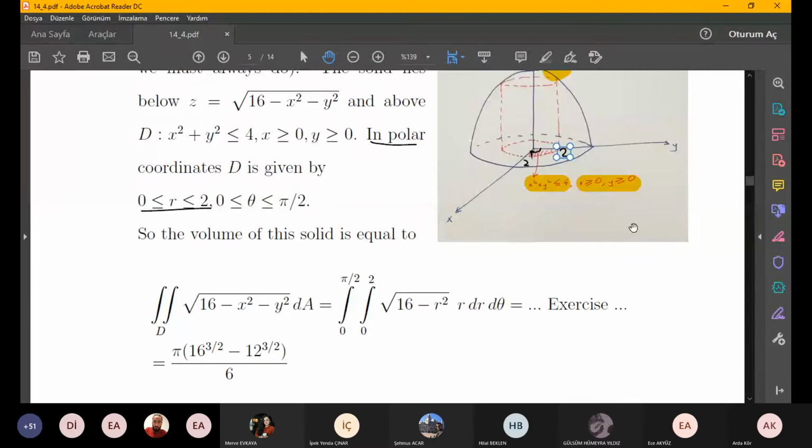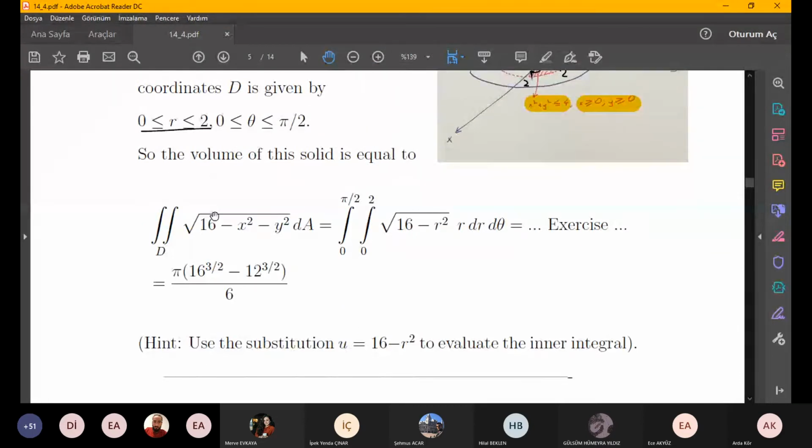So if we try to write again the double integration that we want to find, it will be square root of 16 minus r square, because here you can write the f(x,y) as square root of 16 minus x square plus y square, so you can directly write f in r theta, and we already saw that dA is equal to r times dr times d theta in polar coordinates.